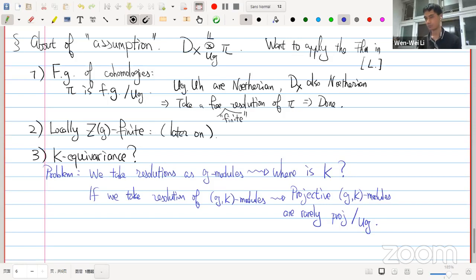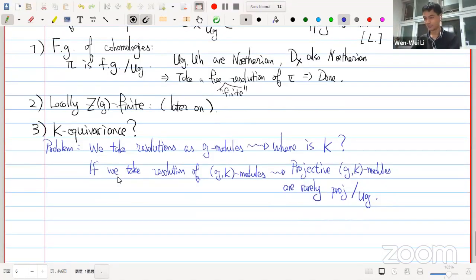So you cannot compute the Ext groups and so on if you take resolutions by (g,K)-modules. This troubled me for quite a long time. Okay, so I think there is a way to treat this difficulty.